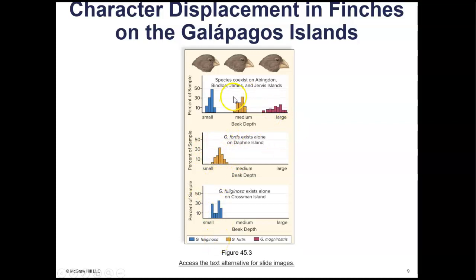But when they coexist, and there are 4 islands where they live together, it was found that you would have some that had small beaks, some that had intermediate sized beaks, and some that had large beaks. And they would feed on small, medium, and large seeds. So this top graph would represent their realized niche, and then the middle and bottom graphs would be the fundamental niches of the G. fortis and the G. fuliginosa.